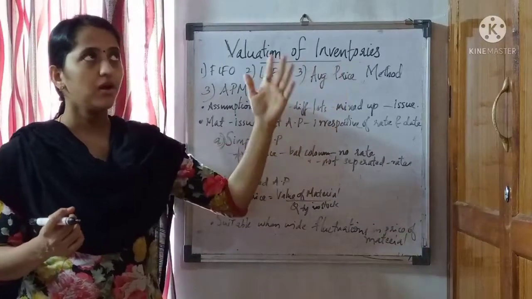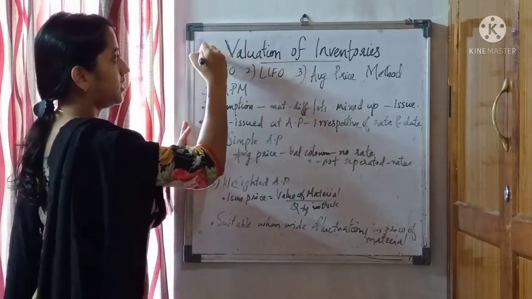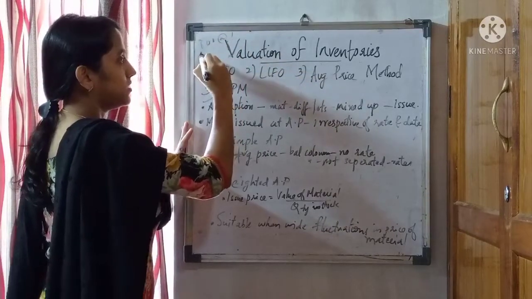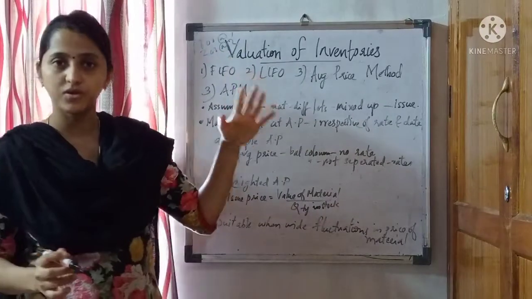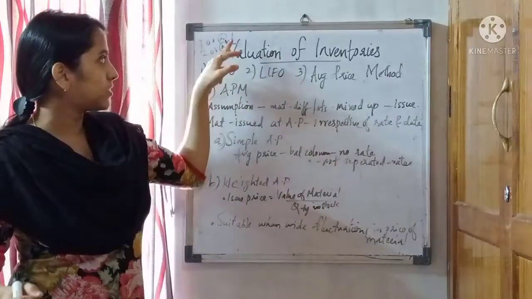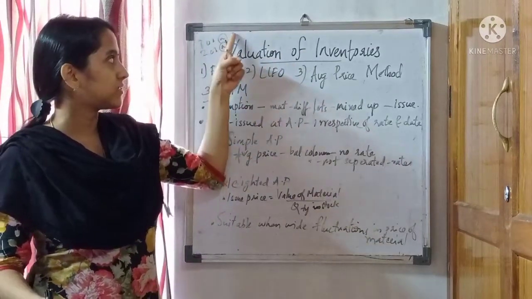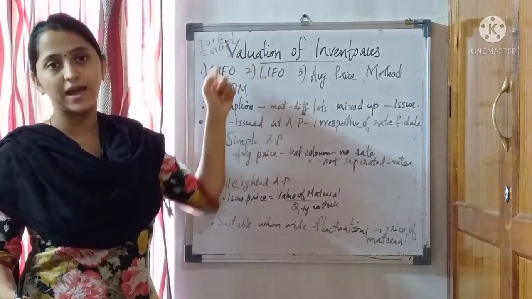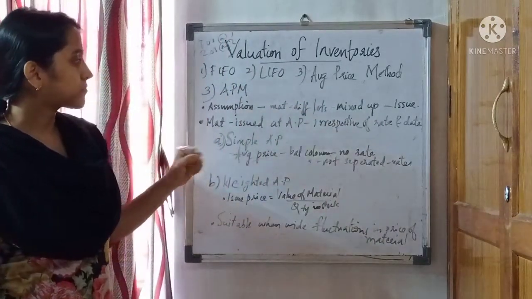That means in our example we have 100 units at the rate of 1, then another purchase of 200 units at the rate of 2, like that we have purchased, but we mix up all these stocks together. So we cannot select the rate 1 or 2, but we have to select the average of this 1 and 2. That is what the average price method tells.